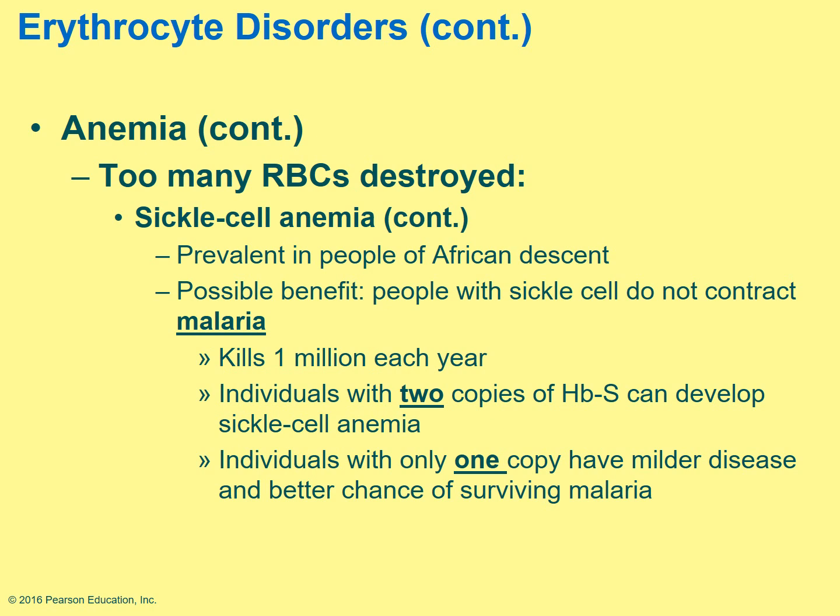If you just have one sickle cell gene and one normal gene, you will not have sickle cell anemia, but you will have protection against malaria. But you could pass that sickle cell gene to your offspring. It's just an interesting way of how that is developed genetically.